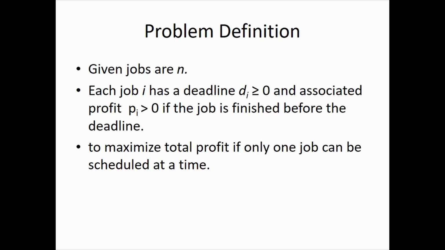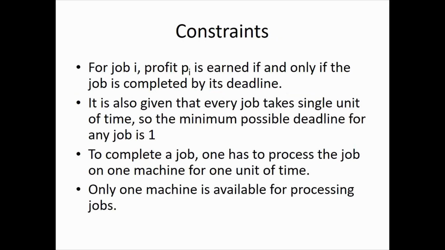Now in the problem, we have to maximize the total profit if only one job can be scheduled at a time. These are the constraints. That is, for job i, profit Pi is earned if and only if the job is completed by its deadline. Here the meaning of if and only if is that it goes both ways.